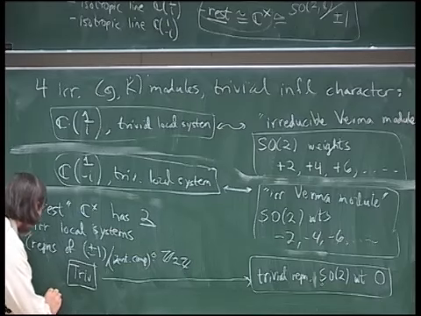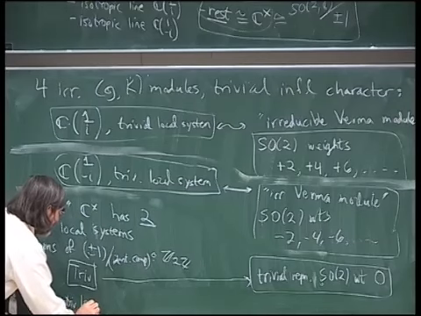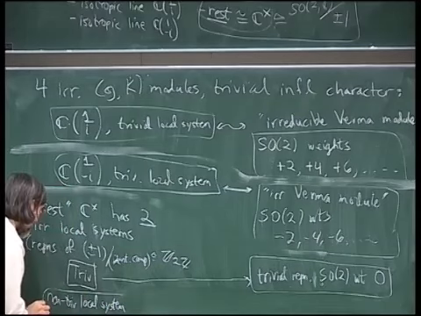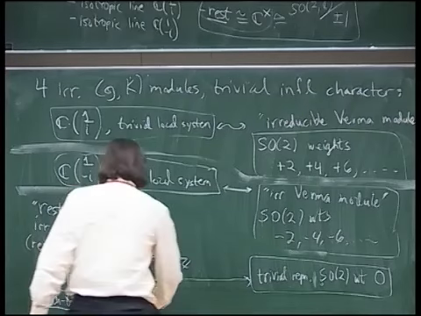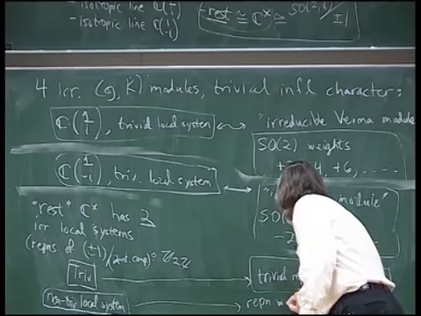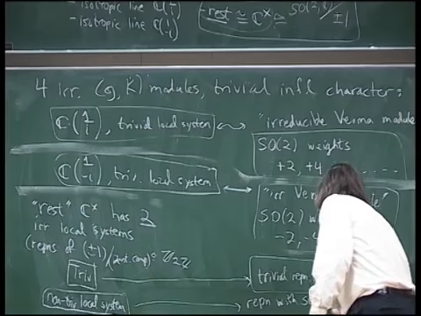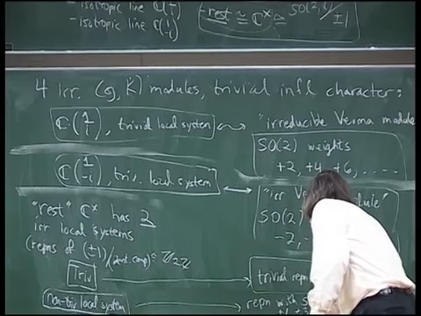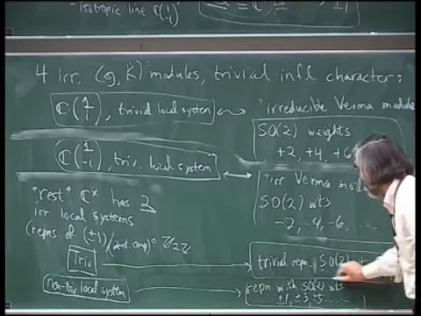And then there's a non-trivial local system. And this turns out to correspond to a representation with SO2 weights ±1, ±3, ±5, like that. It's not a Verma module.